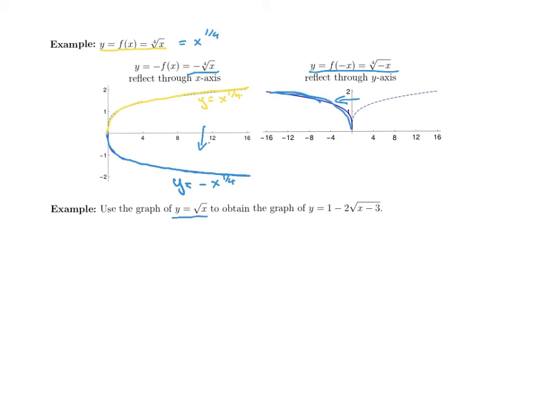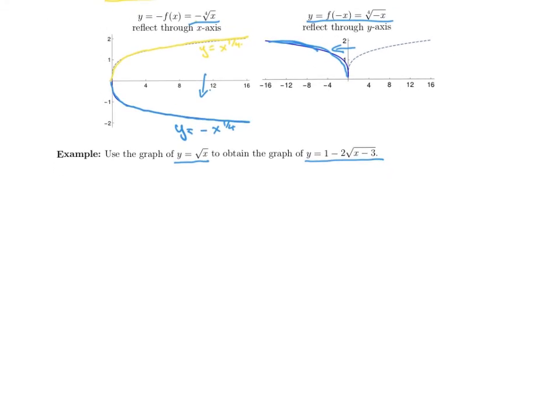Let's use the graph of y equals the square root of x to graph y equals 1 minus 2 times the square root of x minus 3. Well, we'll start with y equals the square root of x, and we'll build this formula up in steps. y equals the square root of x looks something like that. And let's now graph y equals the square root of x minus 3.